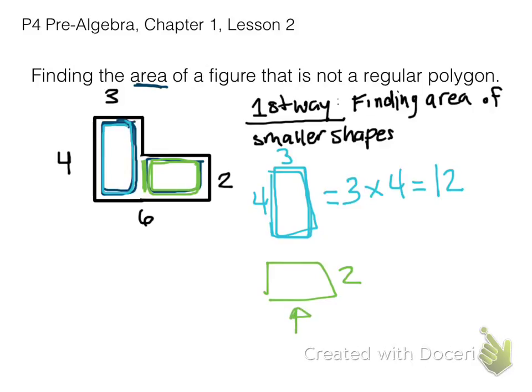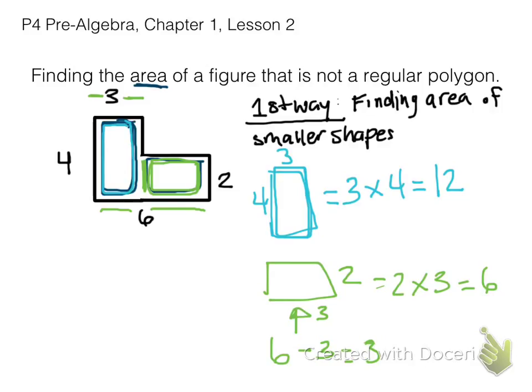It's actually 3 because it's the full length of 6, but minusing the length that isn't the figure, which is right here. So that's minus 3. So this side is actually 3. Let me make that prettier. It's actually 3. So if this is 3, it's got an area of 2 times 3, which is 6.